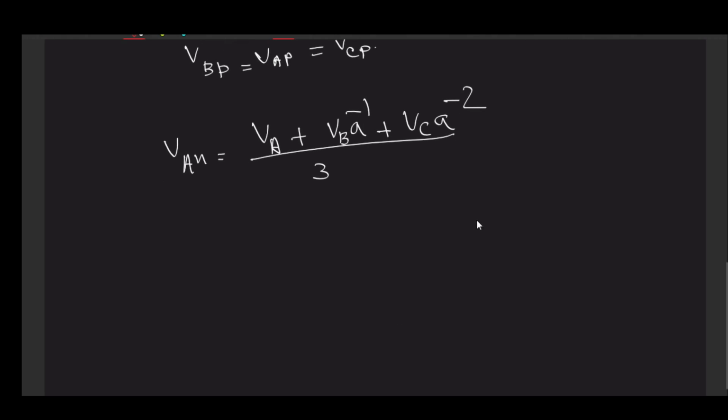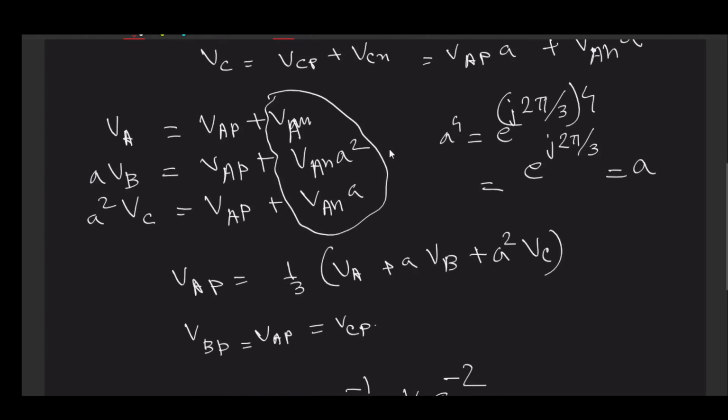Now let us take one numerical example that will clear our idea. Like V1 is equal to... okay, then one more question can come, that how to find out the zero sequence.